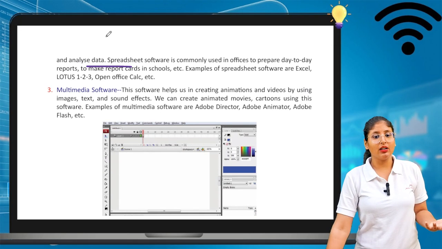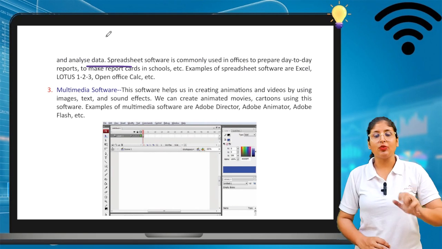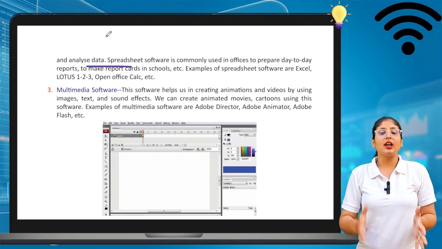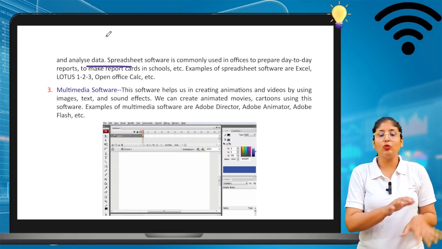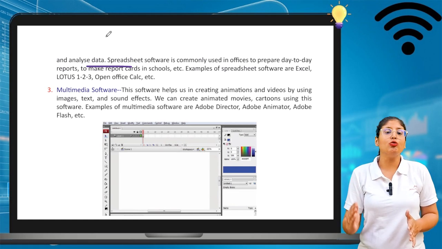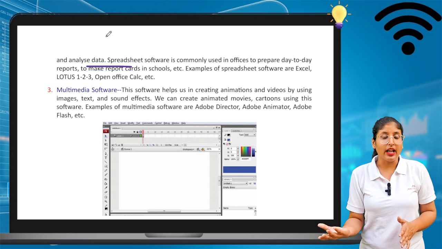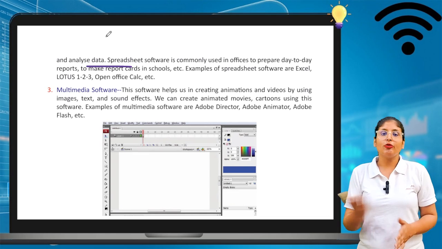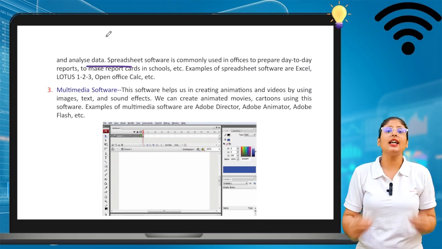In the spreadsheet, we can do calculations and analyze your data, like how many students scored above 90%. If you enter the formula, it shows the result: these are the students who have greater than 90% marks. So with the help of spreadsheets, we can do calculations and analyze them.